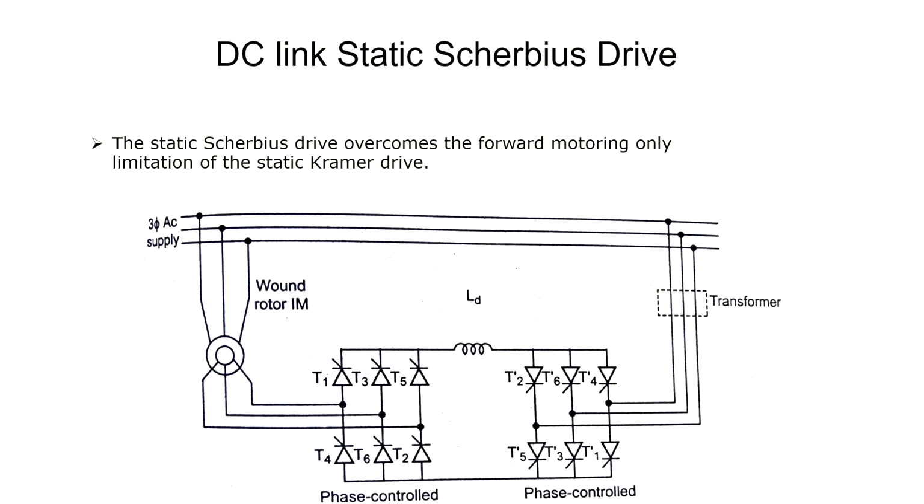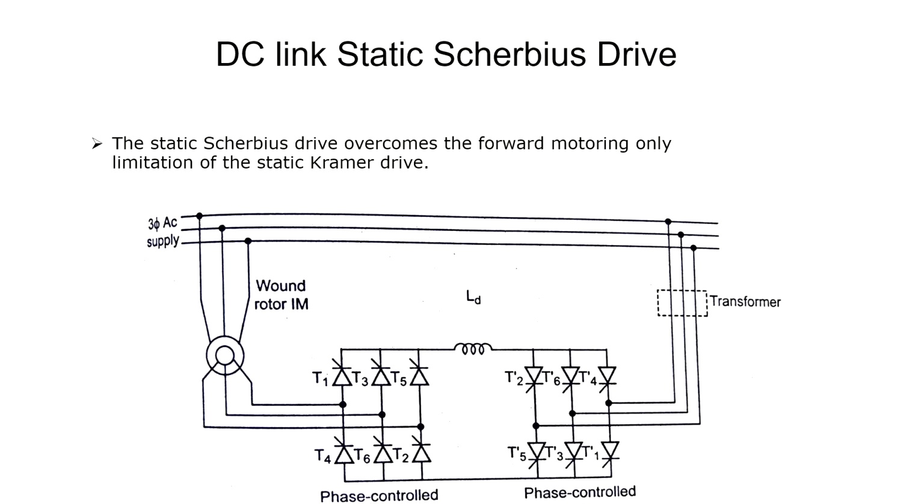In subsynchronous speed control, there are two phase controlled bridges. Bridge 1 is operated with a firing angle range of 0 degree to 90 degree. It means that bridge 1 works as a rectifier.